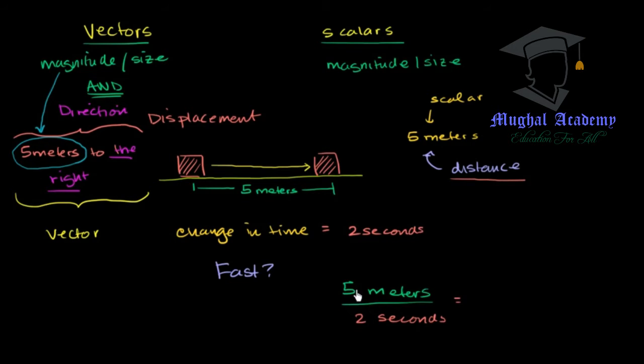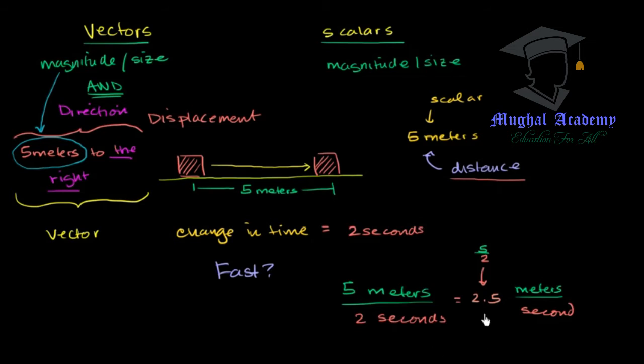Or we could write this as 5 halves of a meter per second. 5 divided by 2 is 2.5 meters per second. This right here is just the 5 divided by the 2.